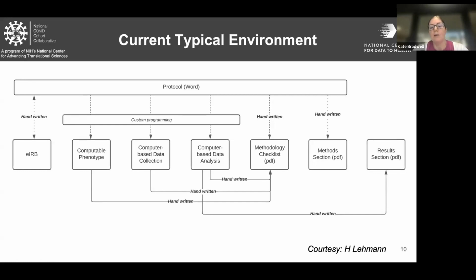And then you're performing exploratory analysis, writing your code, developing, say, a phenotype, collecting, cleaning the data, performing the analysis, and also making sure that the methodology you produce is conforming to a methodology checklist. For example, have you accounted for certain limitations and biases? Have you accounted for generalizability? Have you performed sanity checks while you're performing the analysis, etc.? And then you're making sure, ideally writing up as you go along the method section and the results section for your paper.